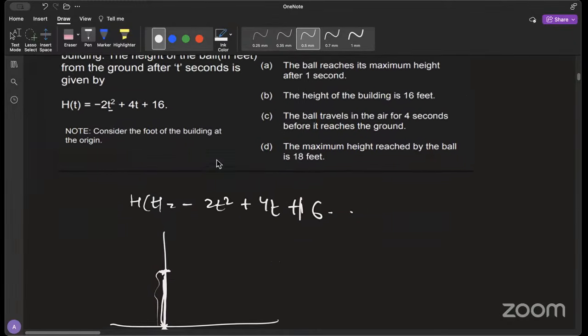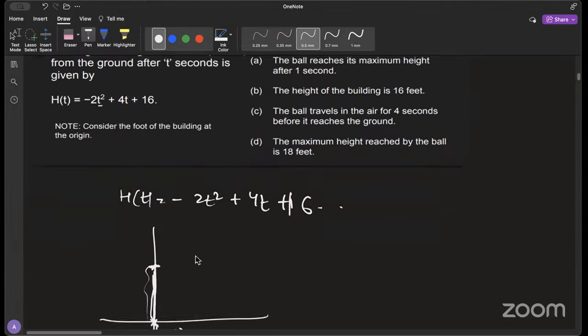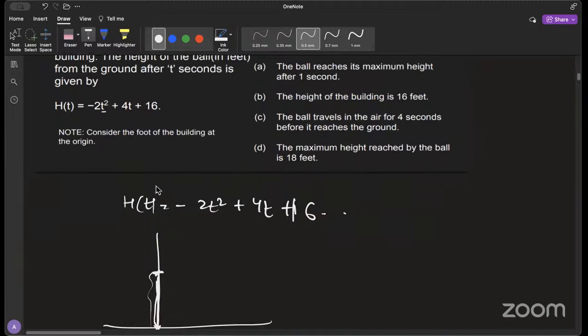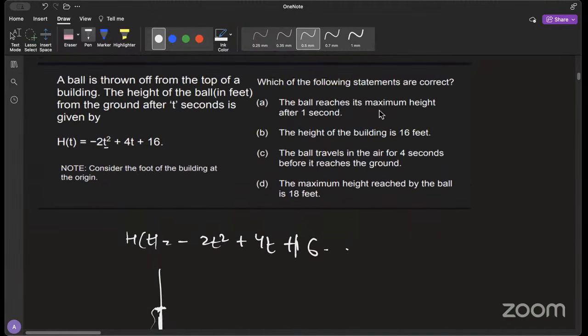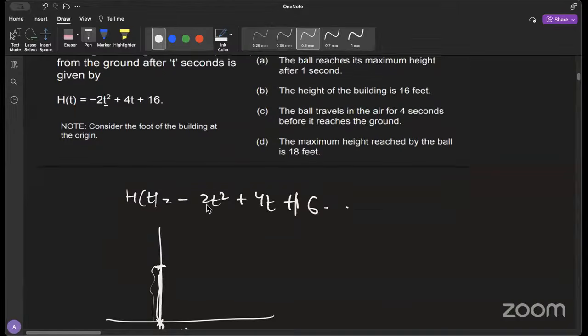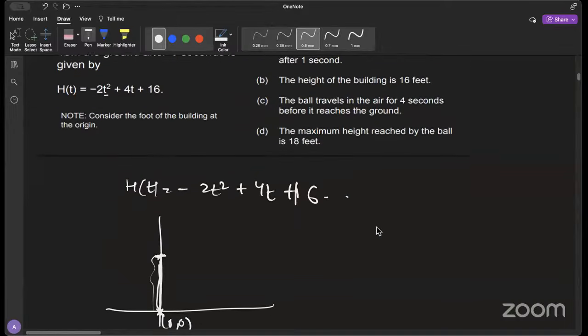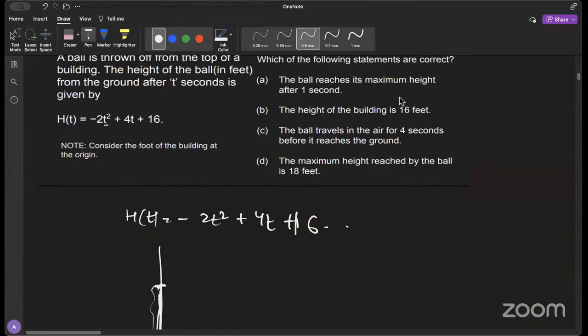First thing you can do is find the maximum height the ball reaches, and this is the parabolic equation that it follows. So to find the maximum height, you have to find the maximum point, the vertex of this equation, isn't it?